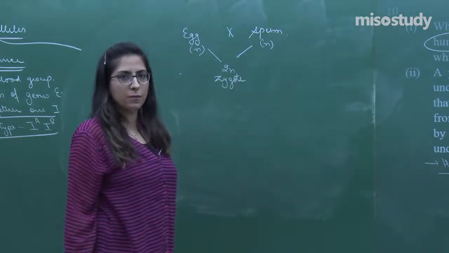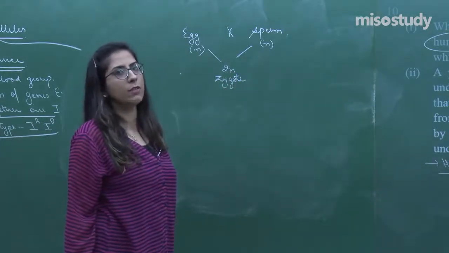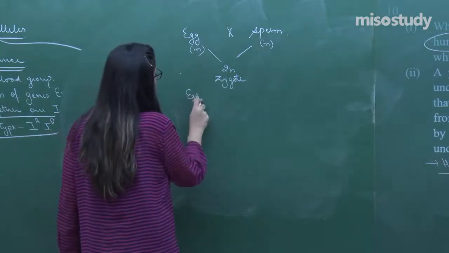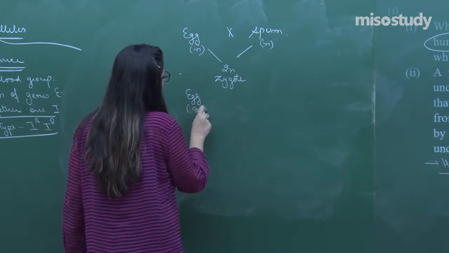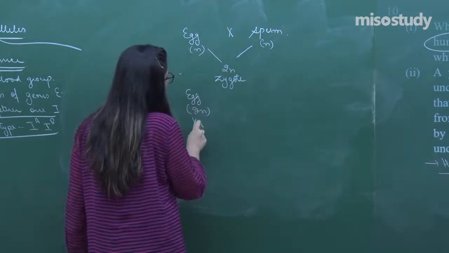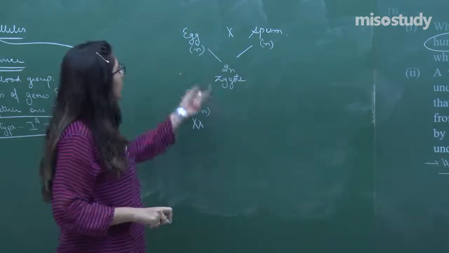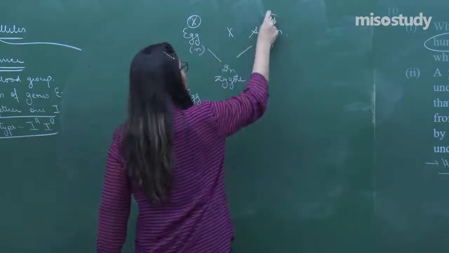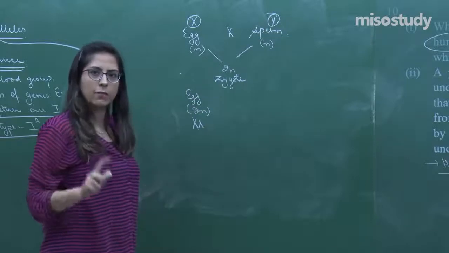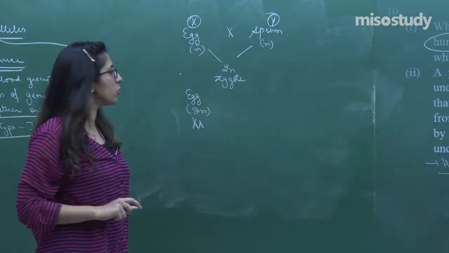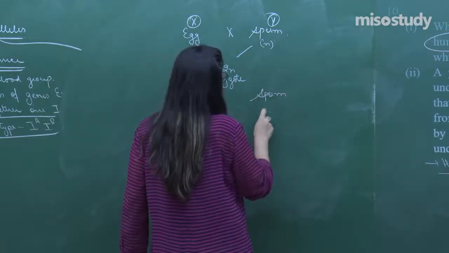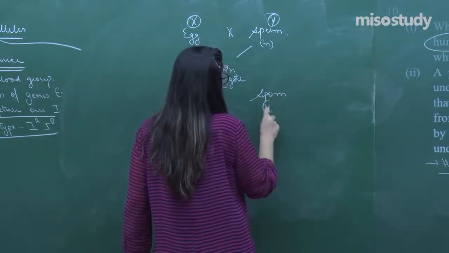But in this pregnant female, the doctor advised MTP because the egg produced by this female is 2N. That means it has 2X chromosomes, rather than only one X chromosome, whereas the sperm is carrying only a Y chromosome.